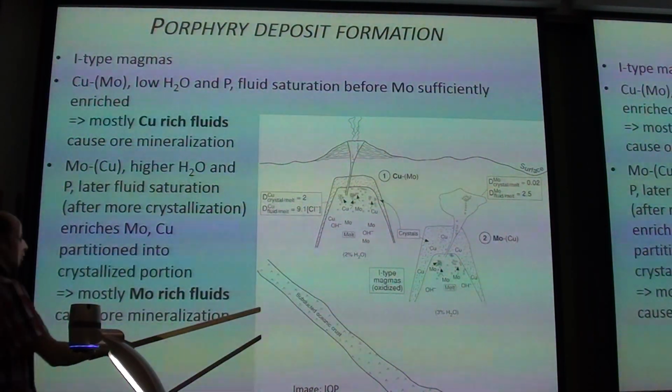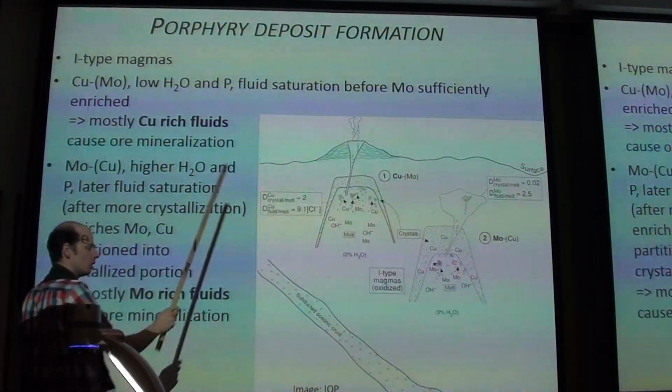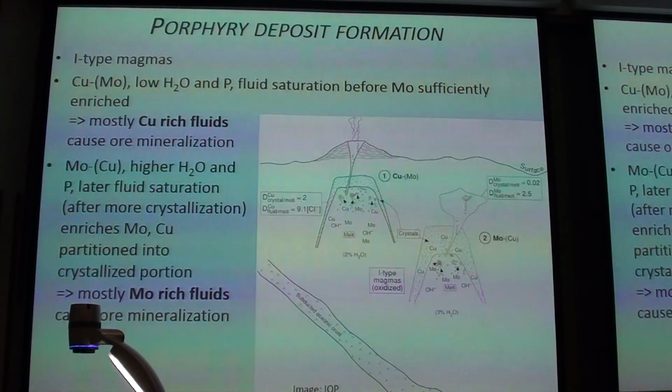we have an intrusion that reaches relatively shallow depth in the crust. And so the decompression basically causes the separation of magma and water. So we have first boiling.